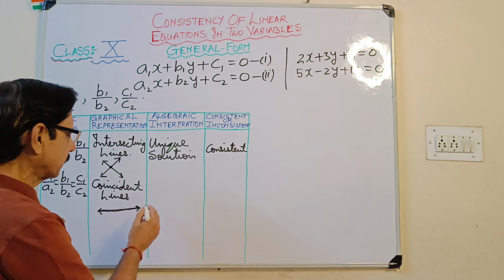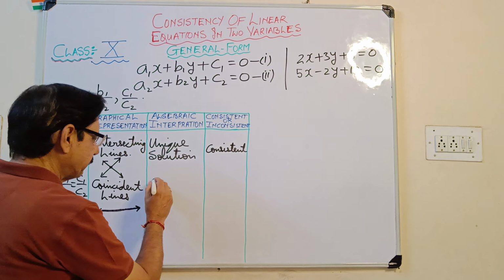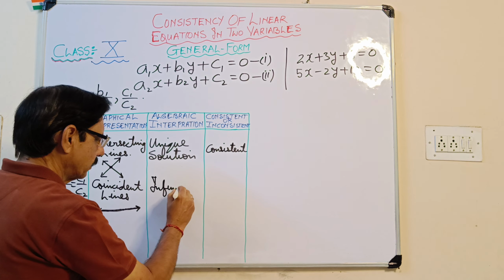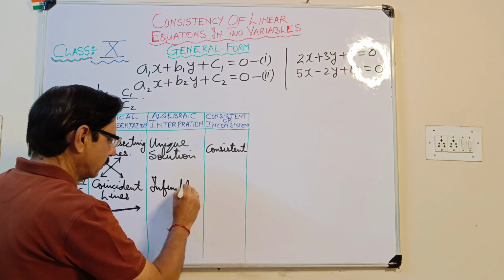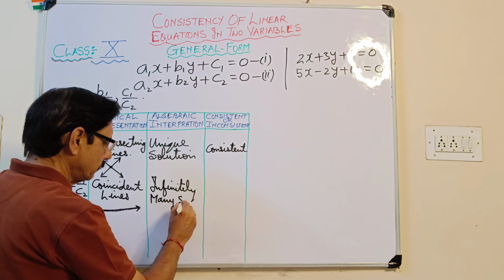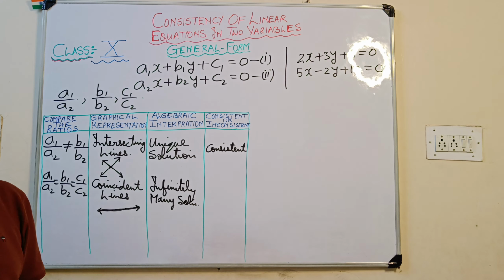So what is the algebraic interpretation then? Infinitely many solutions. Then infinitely many solutions will be there.